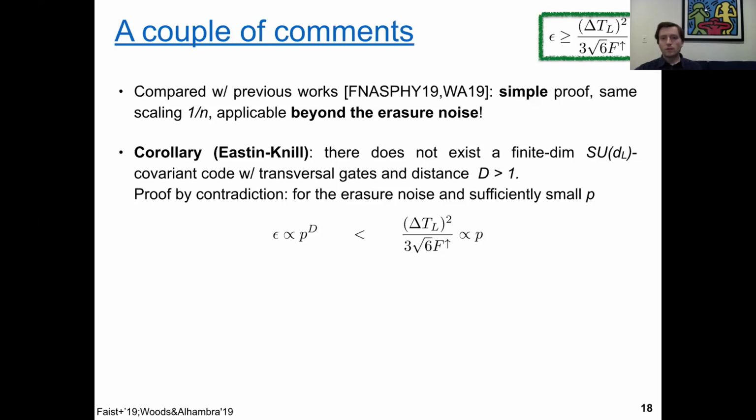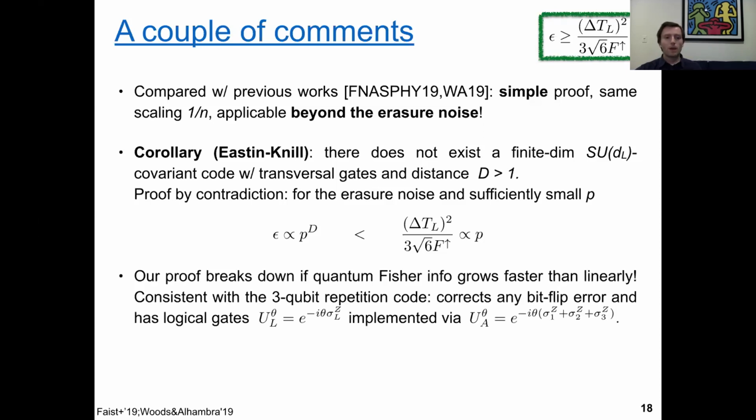So if we choose p sufficiently small, we would see that epsilon is smaller than delta t squared over 3√6 f up, and this contradicts our theorem. So indeed we get the standard Eastin-Knill theorem.